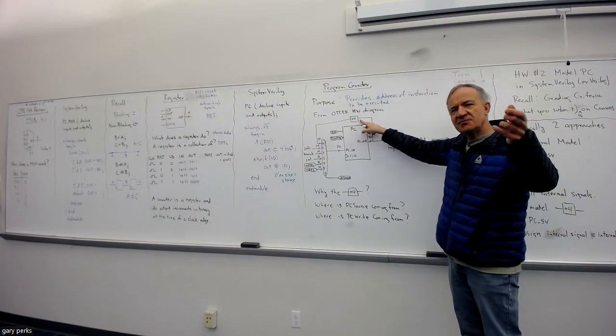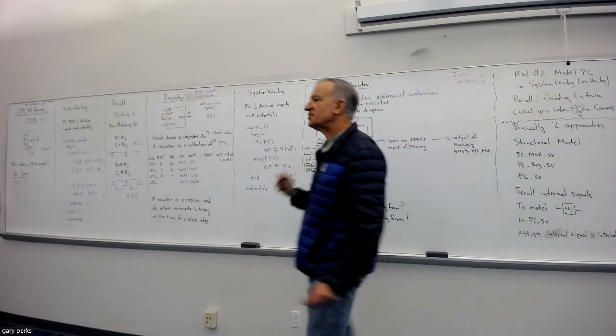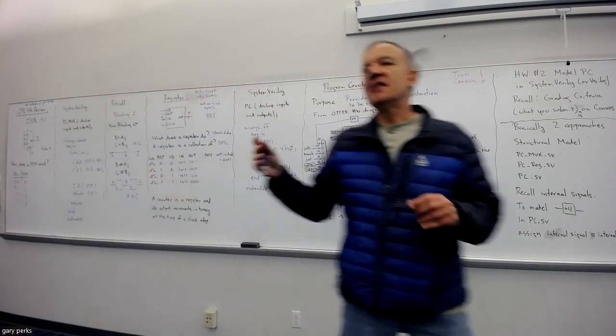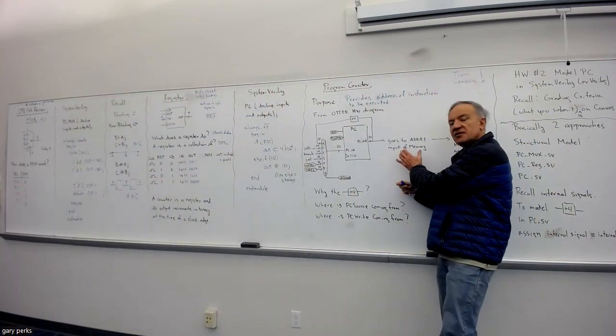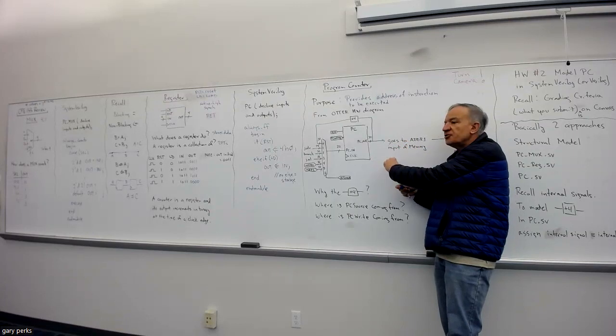Why is that +4 there? Because remember, where the code is, the code segment inside the memory, every instruction is 32 bits, and that memory is byte addressable.